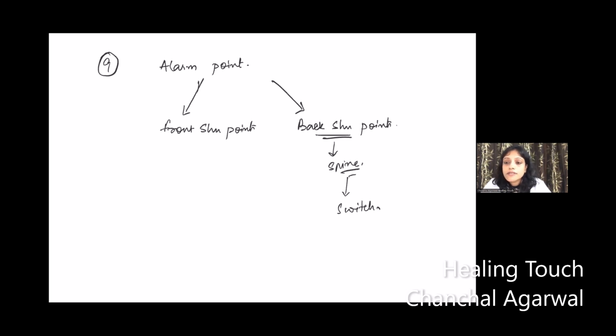This back shoe concept you can use in the correspondence system also. For example, if you are applying a point on the lungs, one dry pea seed here and one dry pea seed here. So this is simple main correspondence treatment, correct? Now this is applying points on the front of the body for this particular organ, lung.